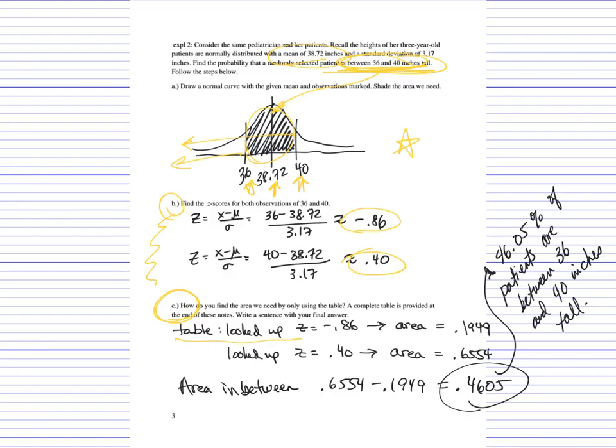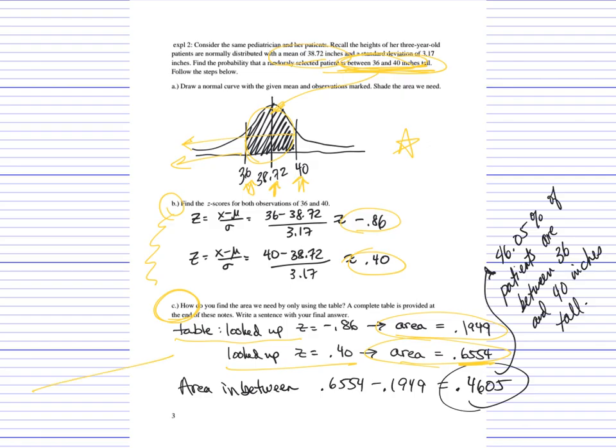So I went to the table and I looked up z equals negative 0.86. I found the area to the left of that under the curve is 0.1949. Now that is on the first page of the 2-page table. I then had to look up z equals 0.4, which is on the second page of that table, and the area underneath the curve to the left of 0.4 was 0.6554.